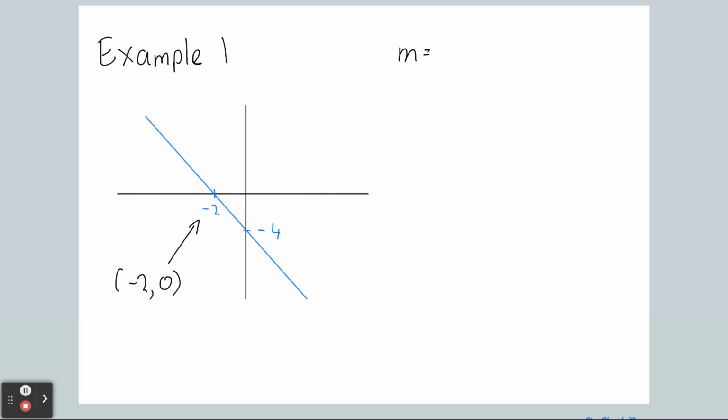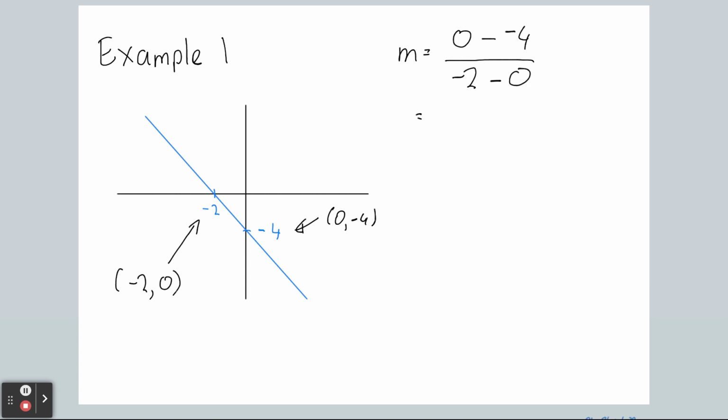So it will be 0 minus, and then this as a coordinate is 0, -4. Nothing in the x direction, but 4 down in the y direction. So that becomes 0 minus -4 over -2 minus 0.